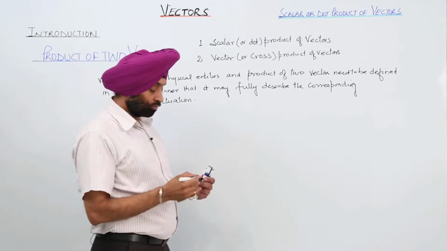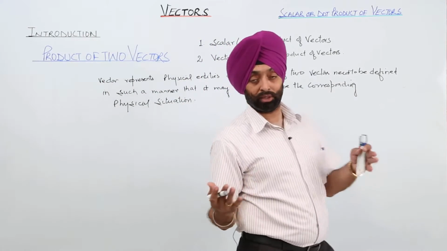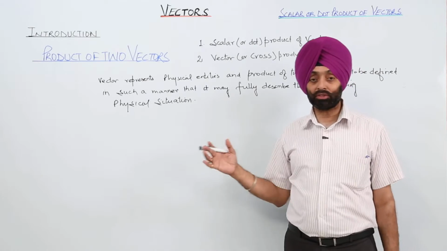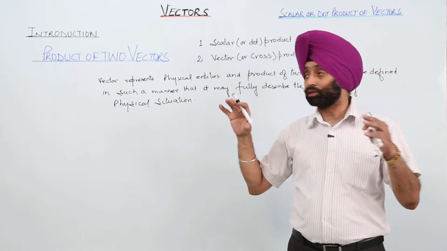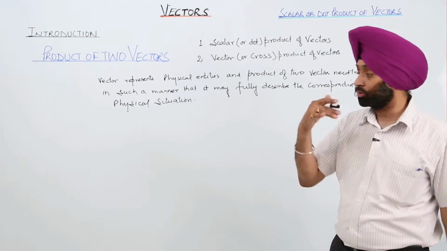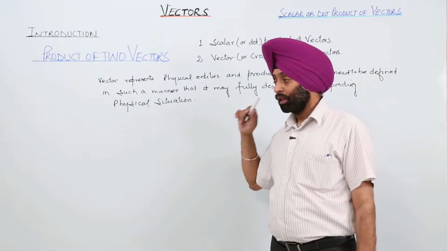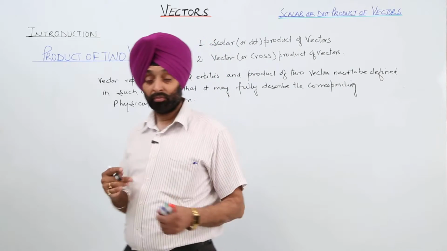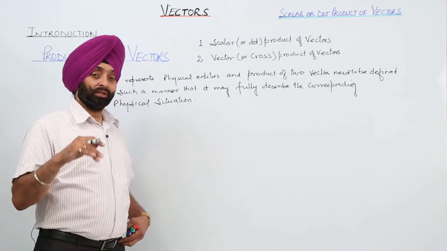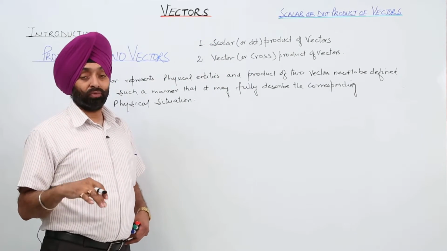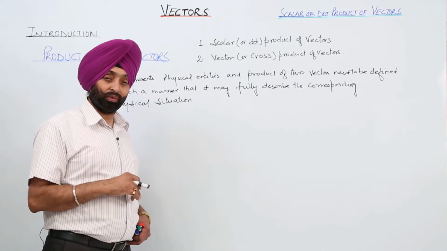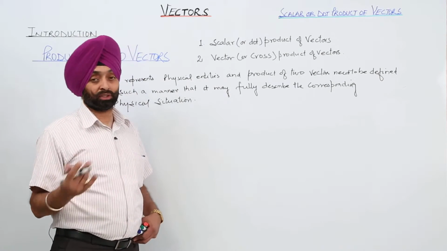Is it clear? I just spoke it, and now I have written it so that it is very clear in your mind what we are going to do. The basic thing here is the physical situation. In the junior classes, in the algebra of real numbers, we had only one set of entities, and that was scalar.